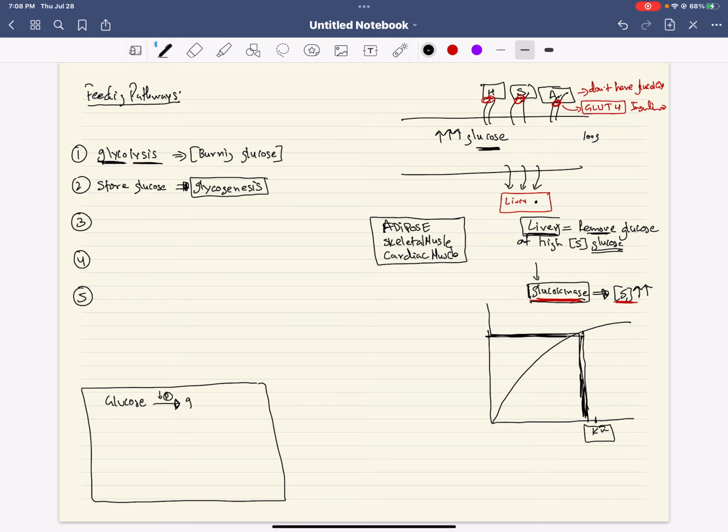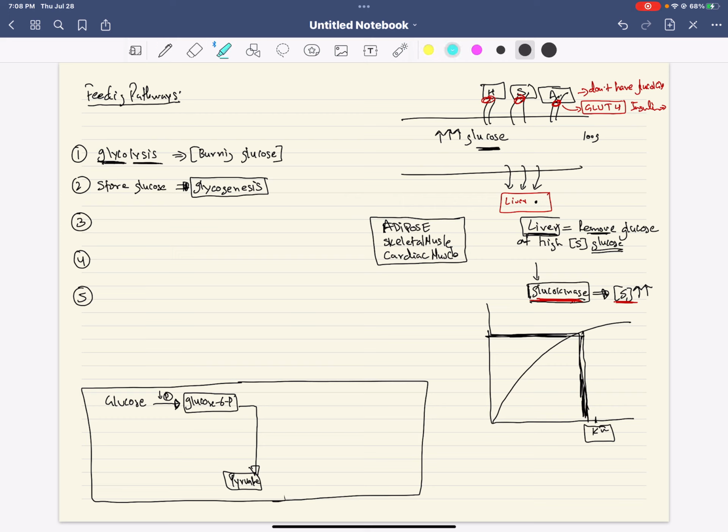So this will be glucose 6-phosphate. Now you're trapped, so it cannot leave. This will go through certain pathways, and you will get your end product called pyruvate. So you're burning glucose, that's number one. This is your number one pathway.